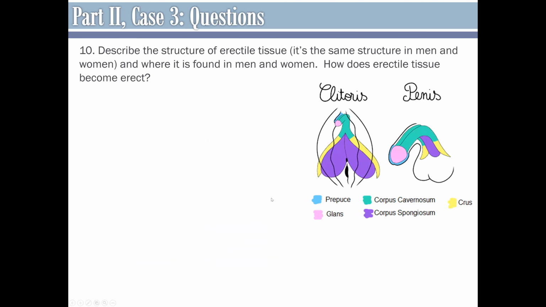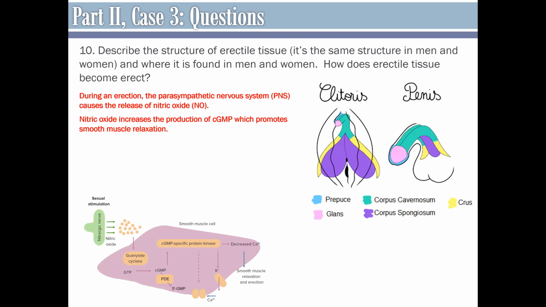So for the second part of the question, how does erectile tissue become erect? During an erection, the parasympathetic nervous system causes the release of nitric oxide. Nitric oxide increases the production of cyclic GMP, which promotes smooth muscle relaxation. So this is a pathway inside of the cell similar to what we looked at earlier in the semester when we looked at how the photoreceptors work in the retina.